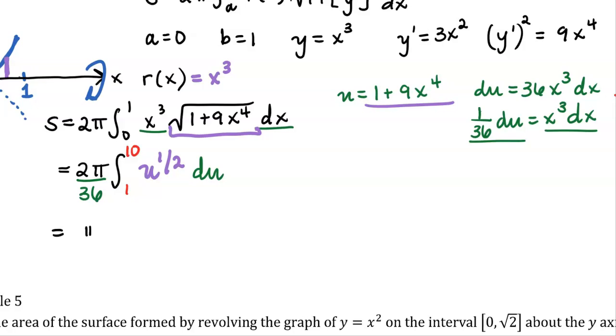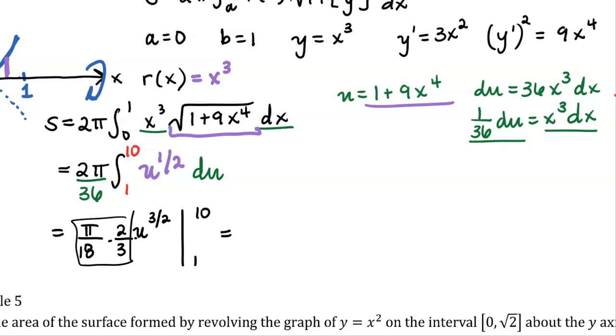I'll keep this pi over 18, just simplifying the 2 and the 36 there. Integrating u to the 1/2, the exponent goes up to 3/2, divide by 3/2, so we're multiplying by 2/3, and we will evaluate this from 1 to 10. I'm going to simplify this first. The 2 becomes a 1 and 18 becomes a 9.